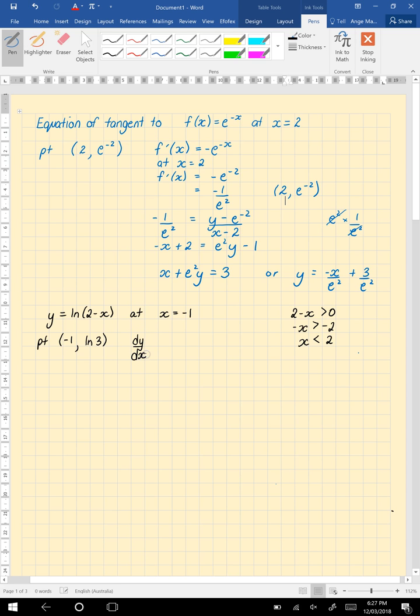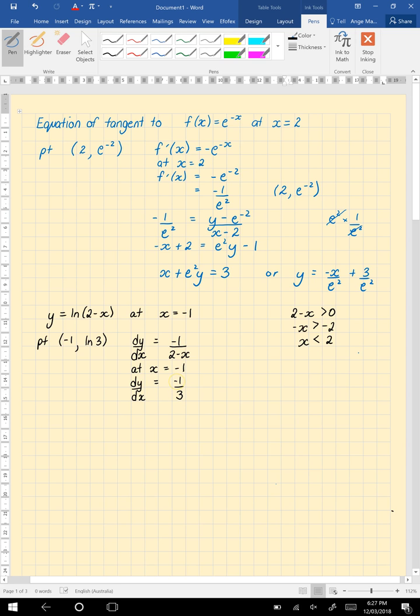Remembering that to differentiate ln of a function, it's the derivative of the function divided by the function itself. So the derivative of 2 minus x is minus 1, and we divide that by the function, 2 take x. Now we're going to slap in x equals minus 1. So at x equals minus 1, our slope of the tangent is going to be minus 1 over 3.